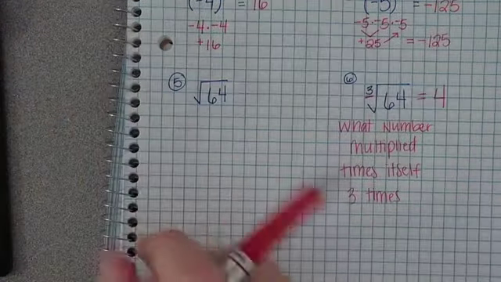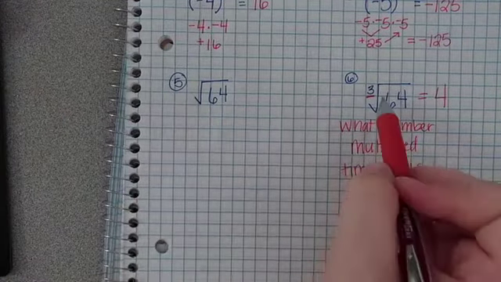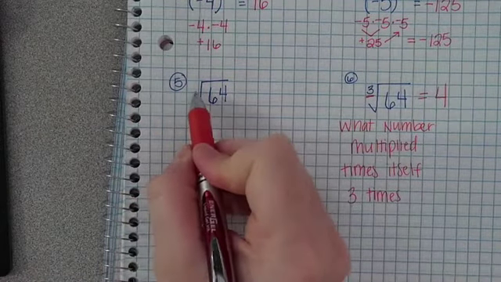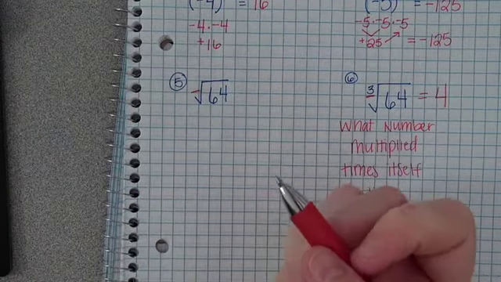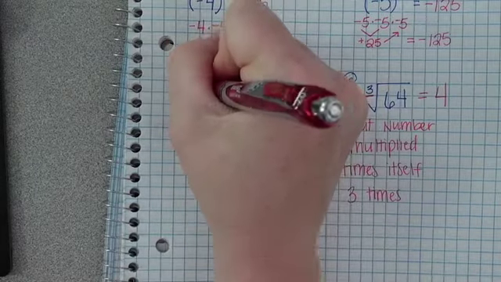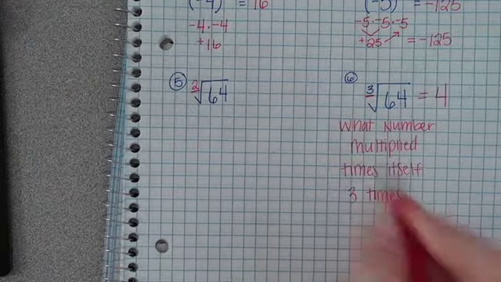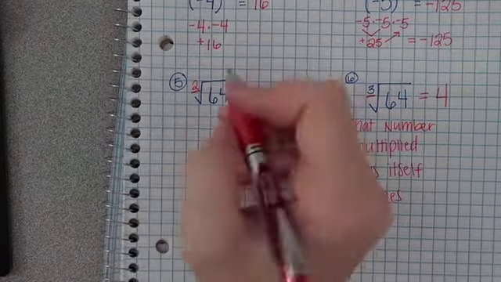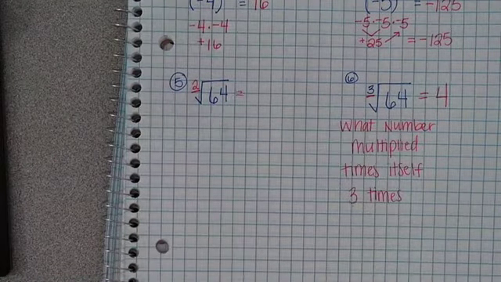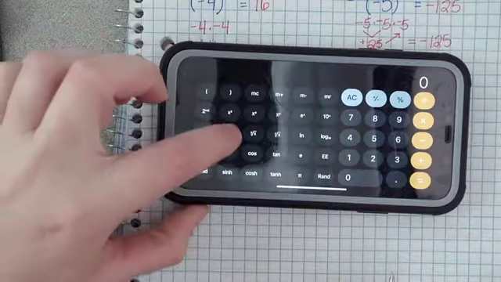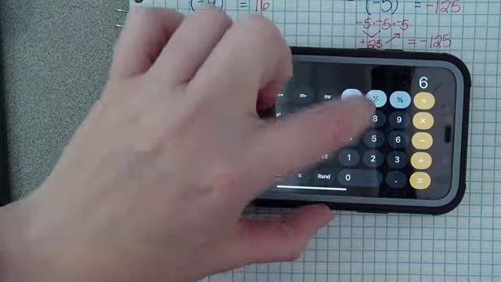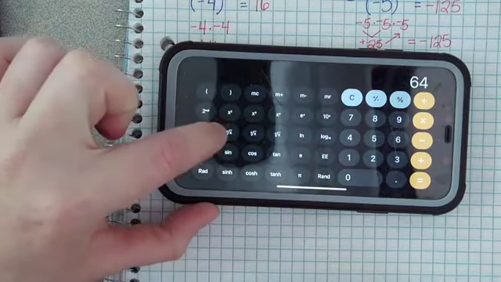All right, now the difference between these two. This one is what number multiplied times itself 3 times. This one doesn't have a number there. If there is no number there, it's an invisible 2. So you're just looking for what number multiplied by itself 2 times. Again, you can look at your chart, or type 64 and take the square root, which is 8.